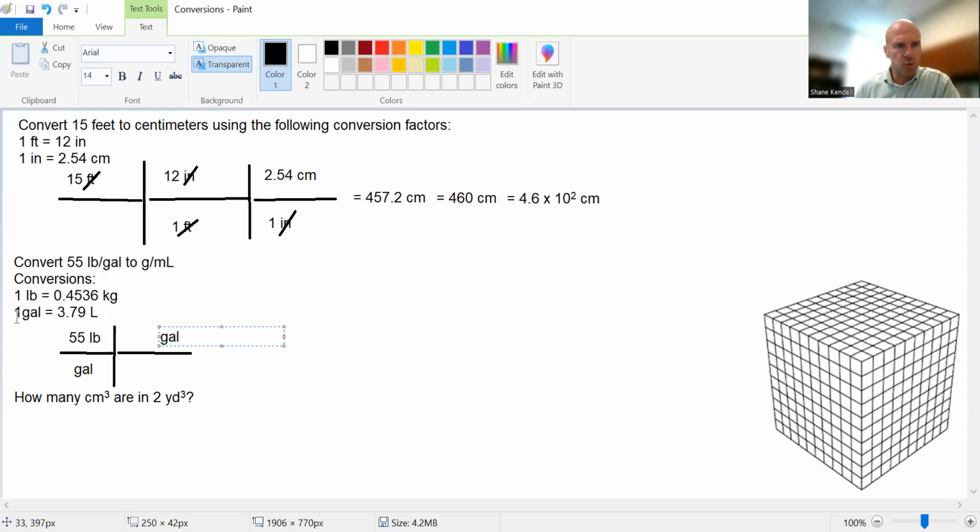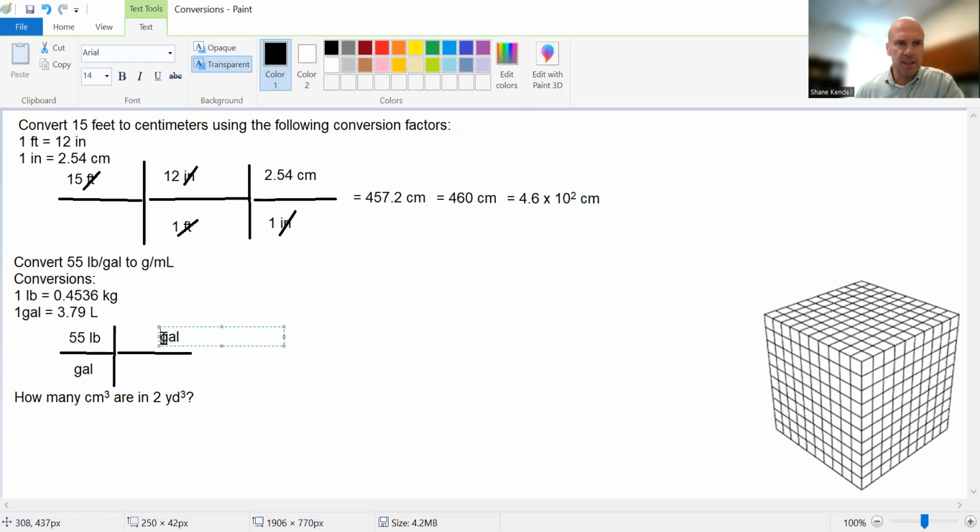So the conversion factor is 1 gallon is 3.79 liters. Okay, and sometimes it's not immediately apparent where you're going with this conversion, but we know we do need to cross off the gallons. And when I look at it, I'm going to be dealing with milliliters in the final answer. So even though the conversion factors don't mention milliliters, they mention liters, and you know that's going to be related to milliliters anyway via a conversion of 1,000.